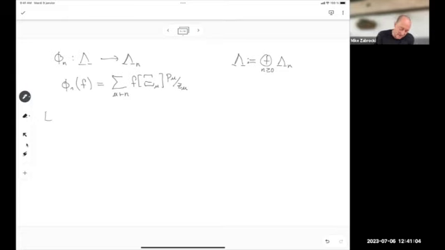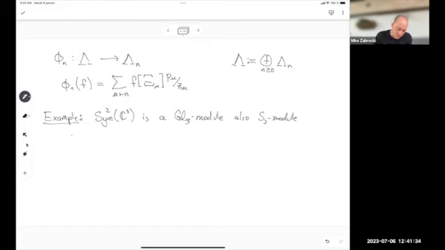Let's do this as an example, something slightly larger. I don't want to take something that I can't compute, but I'll take Sym 2 of C3. Remember, it is a GL3 module, but it's also an S3 module.